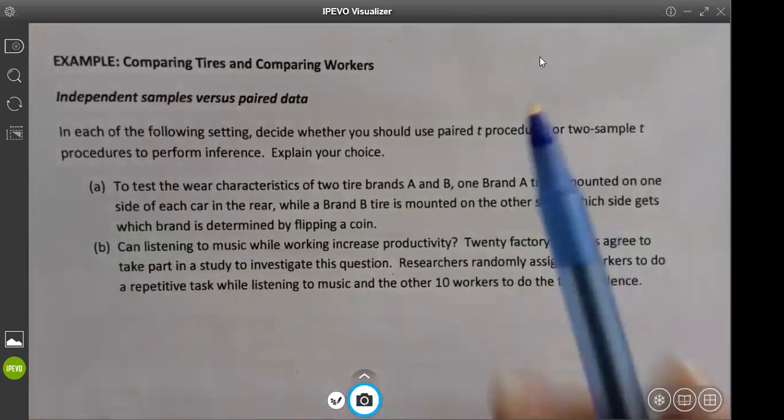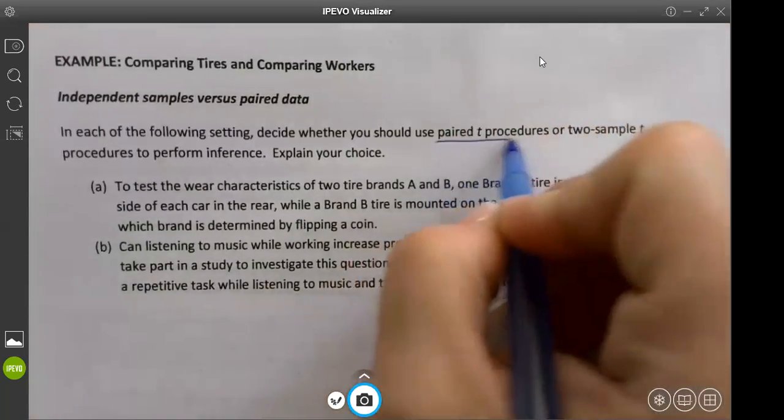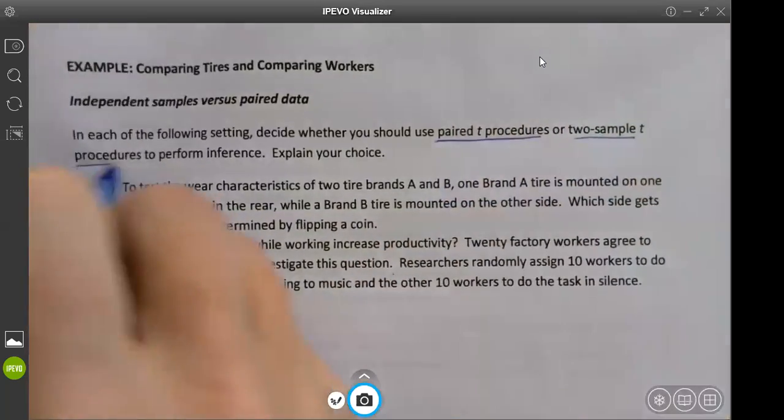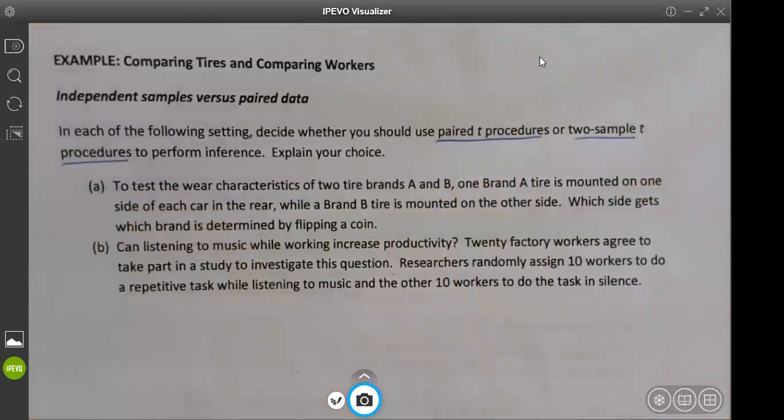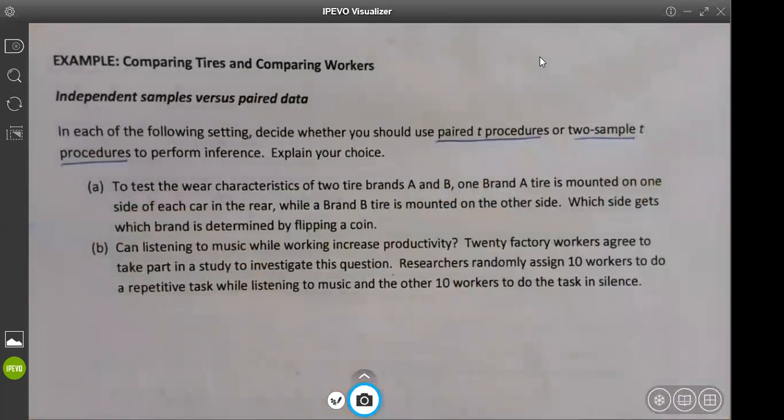What is the difference between a paired T and a two sample procedure? Wouldn't a paired T be like the one about the amusement park rides from our last test? I was just asking if that's what a paired T procedure is.